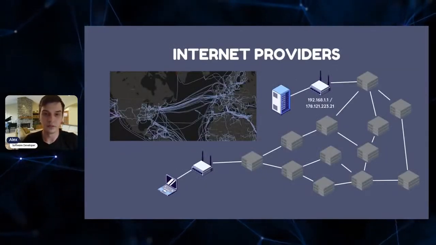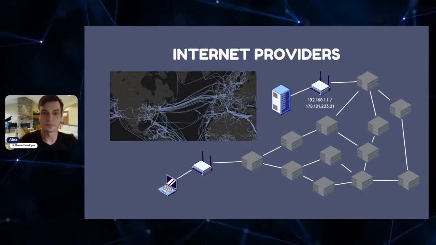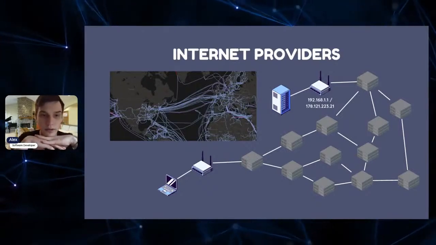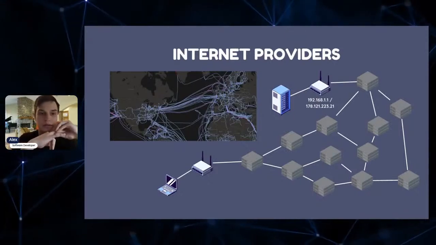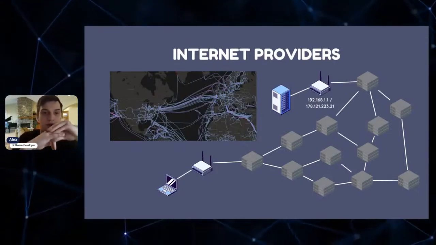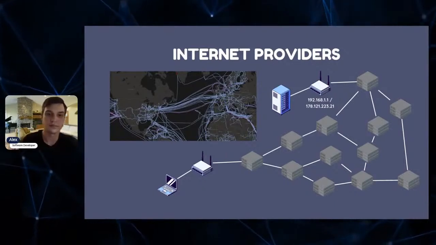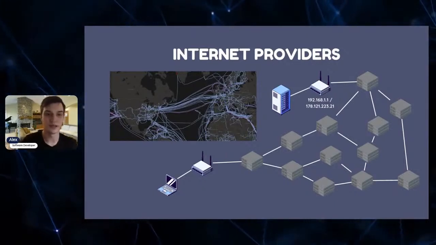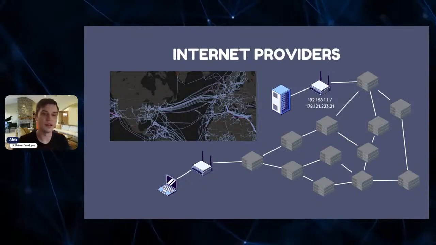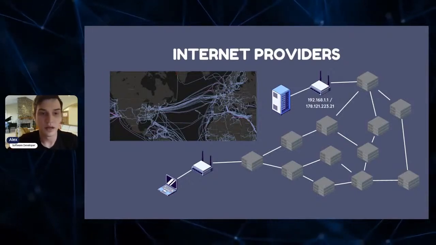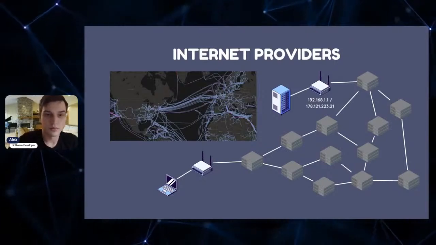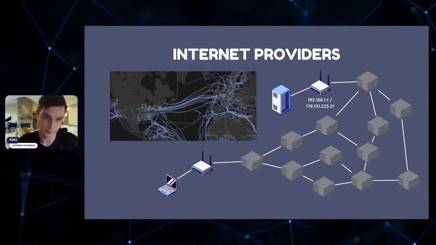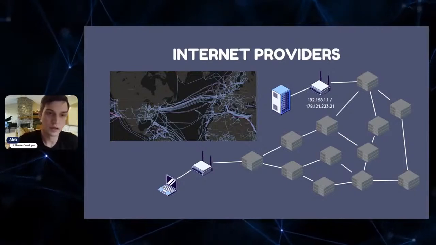So yeah, let's look at this picture. We have a laptop and we want to connect to a VPN server. Actually, a VPN server is just a server, as mentioned on this slide, a box with a CPU, a lot of memory, and some other functions. We send a message to the server.